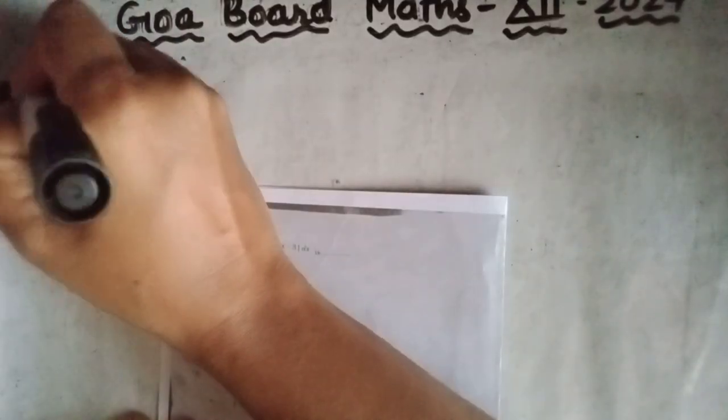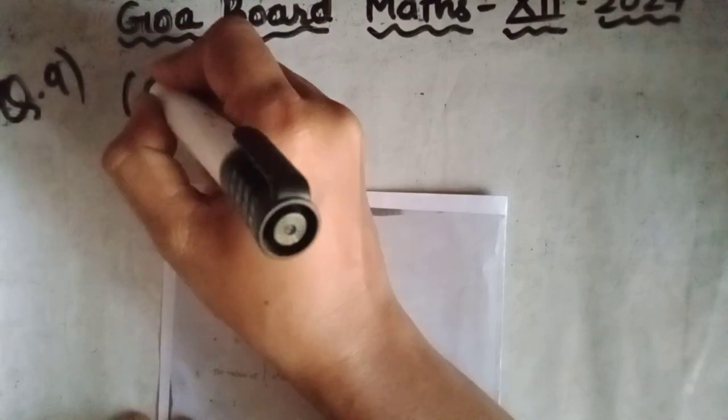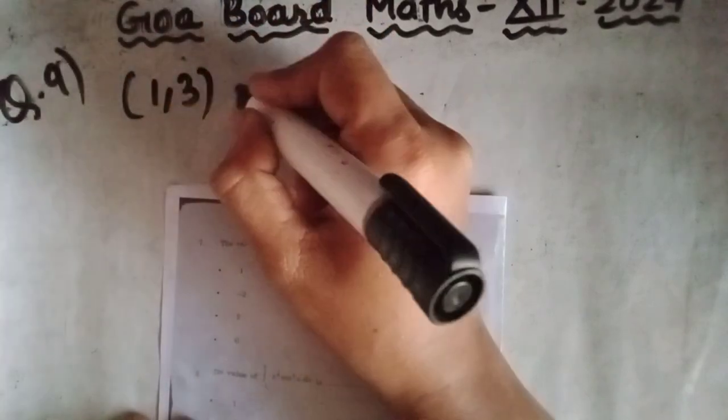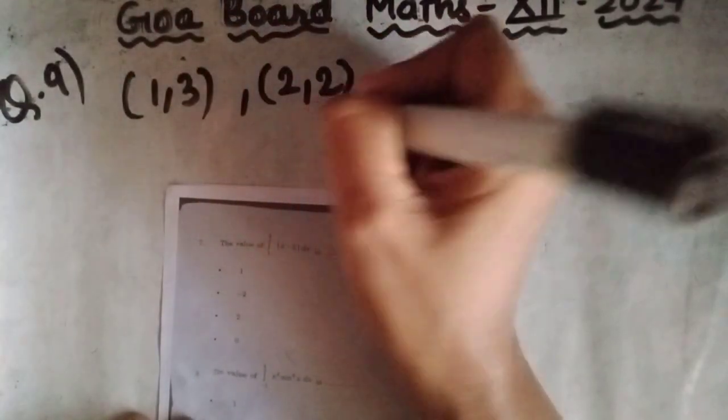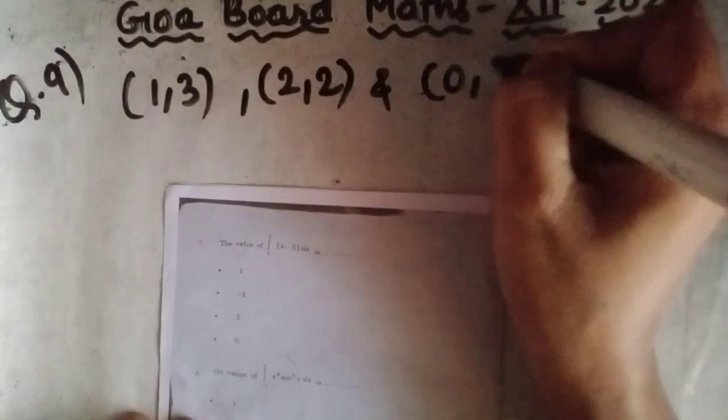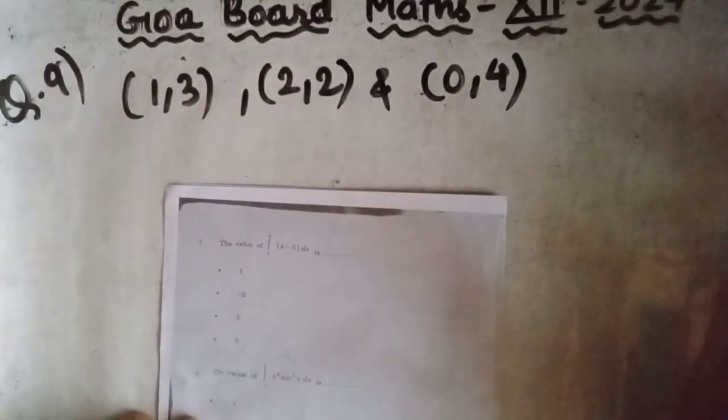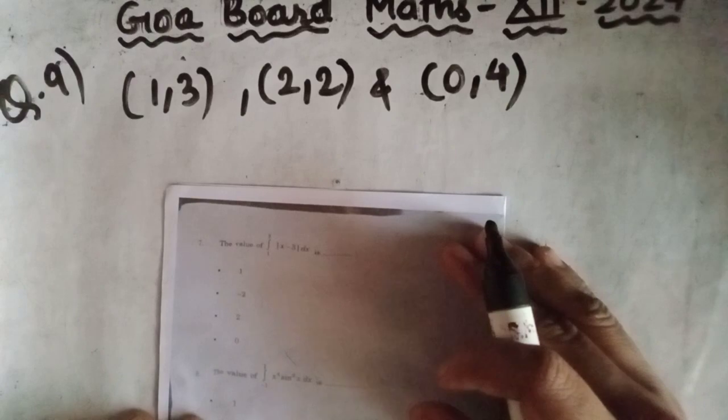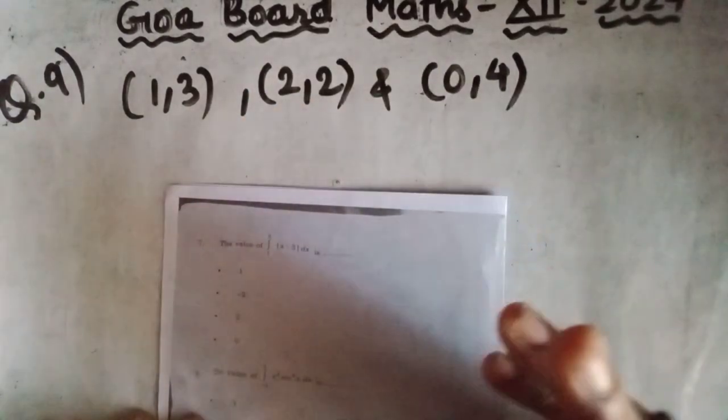Okay, next question, question number 9. Using determinant, show that the points given, 1, 3, 2, 2 and 0, 4 are collinear. So to prove collinear, we have to prove area of triangle equal to 0.